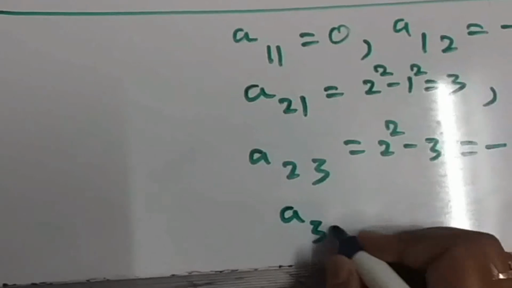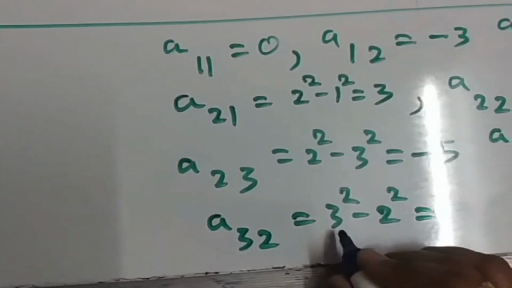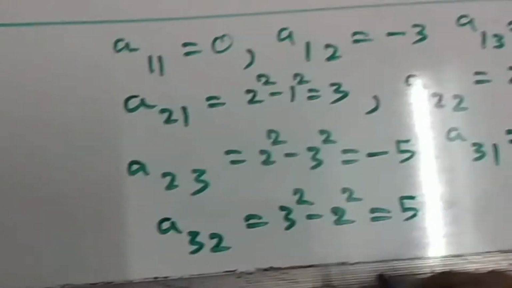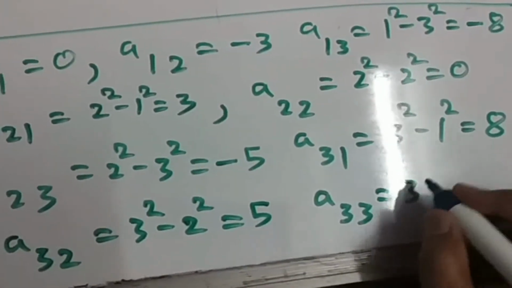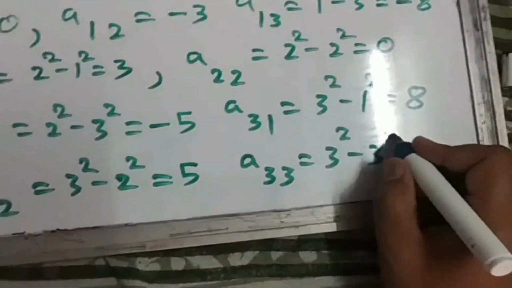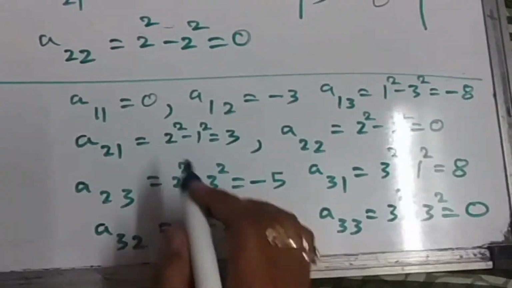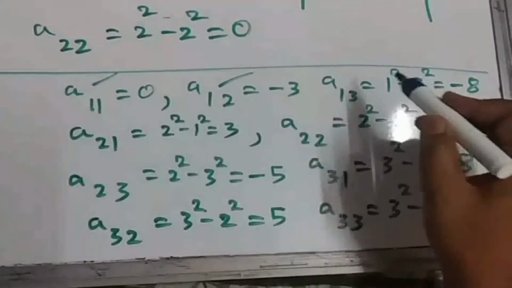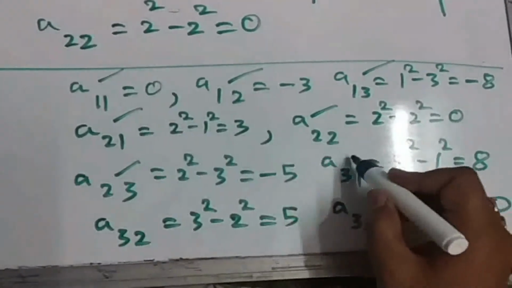A32, 3 square minus 2 square, that is 9 minus 4, that is 5. A33, that is the last element, 3 square minus 3 square, that is 0. Okay, so look, 9 elements I have found out.